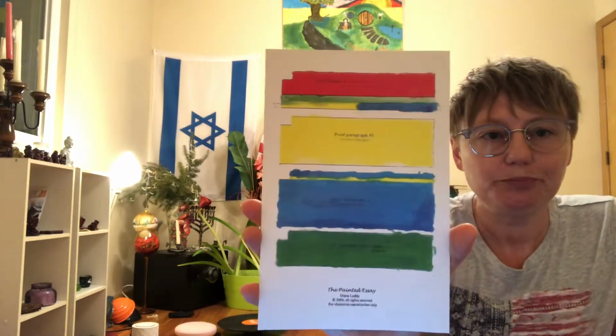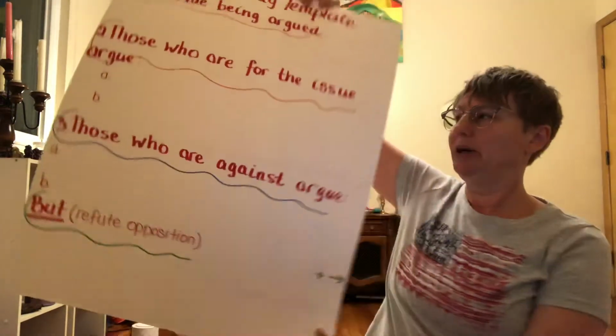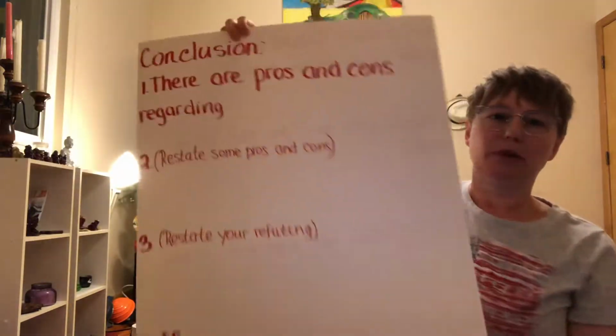The blue is proof 2, paragraph 2. And the green is going to be your conclusion. So, you're not going to start writing anything before doing this. You are going to answer this particular chart.